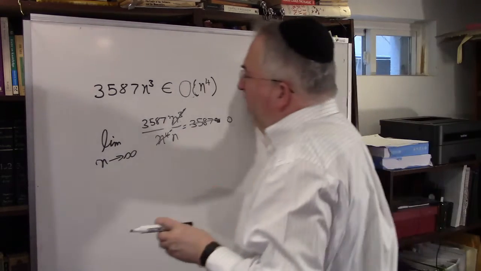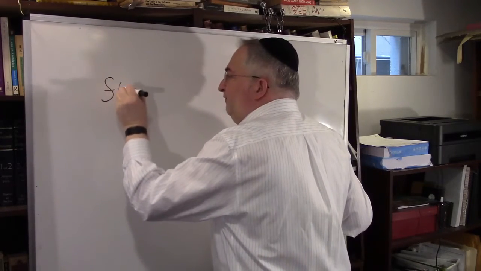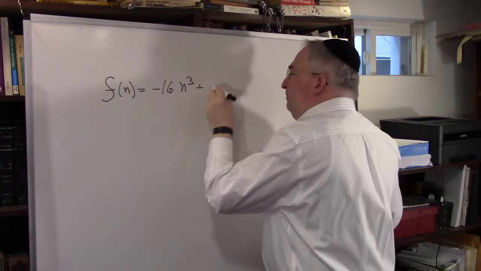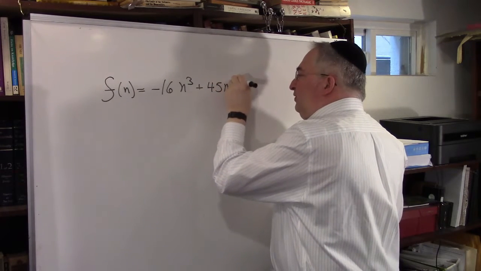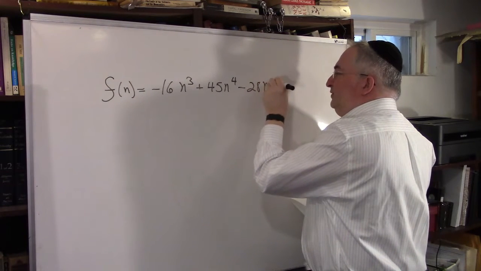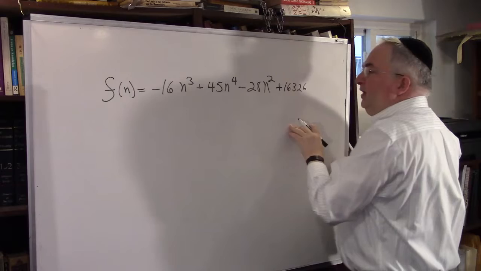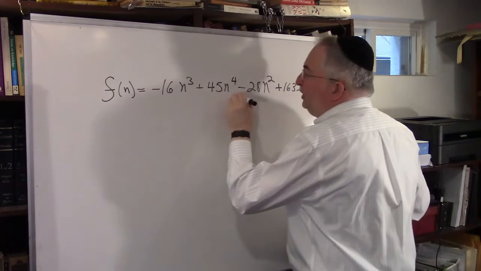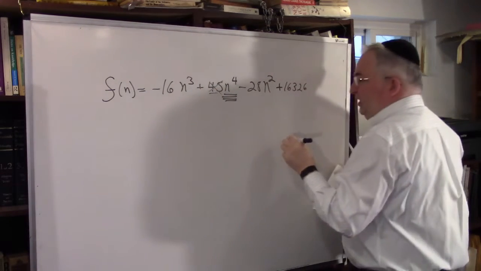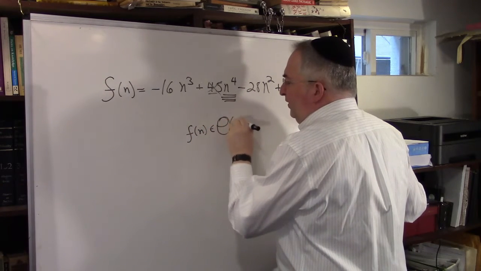The main idea is as follows. If you have a function f of n equals minus 16 n to the third plus 45 n to the fourth minus 28 n to the second plus 16,326, such a function, what you do is you look at the highest exponent, you ignore the coefficient, and you just say f of n is a member of theta of n to the fourth.